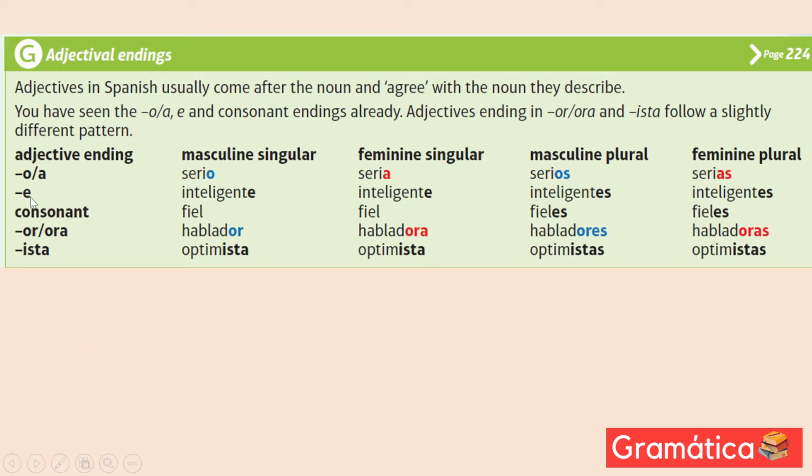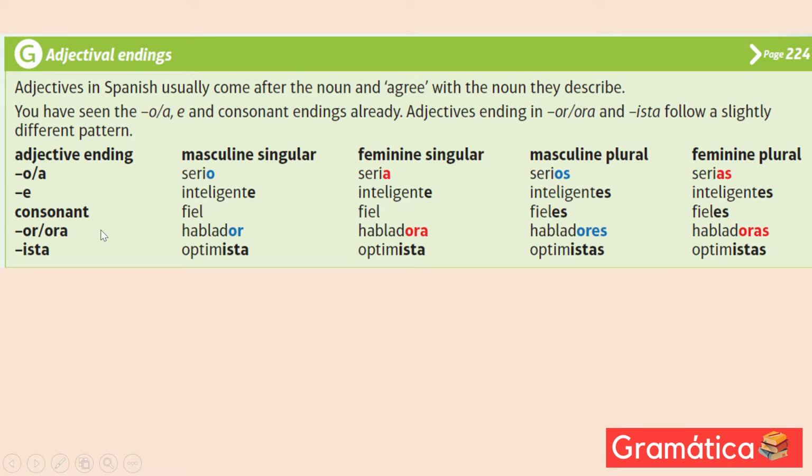If they end in an E, it stays the same for singular adjectives when it's a singular noun, but we need to make sure we add an S, ES, if we're talking about more than one thing. So if we were talking about intelligent people, it would be personas inteligentes, because personas is plural, it's feminine, so it's going to need to be inteligentes.